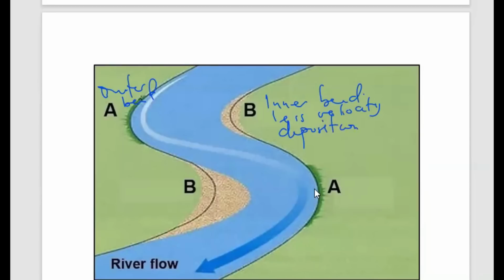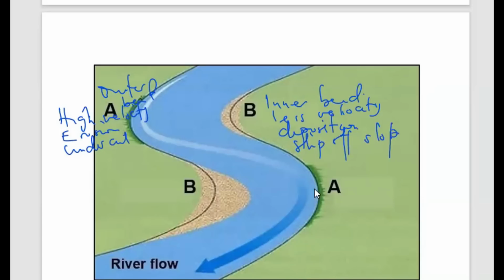On the outer bend here, we have high velocity of water. The water tends to flow fast on this outer bend, and because of that there is the process of erosion happening. The slope here we call an undercut slope, while this one is called a slip-off slope.